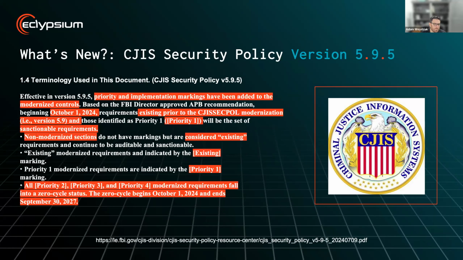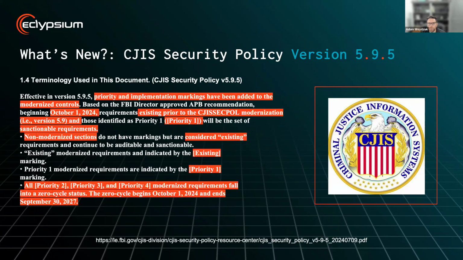First off, as you go through the security policy, I'm not providing this in the order that it is in there. I prioritized what I think is most important. I was happy to see in version 5.9.5 that the APB went through and assigned priorities and implementation markings for each of these security controls.